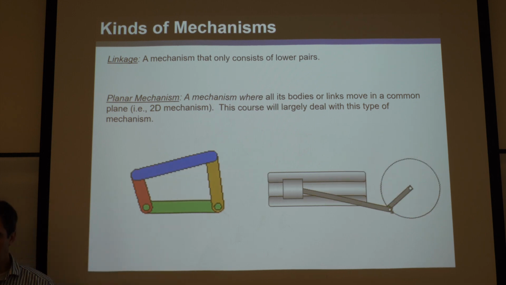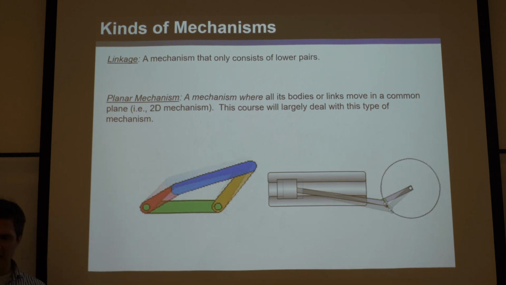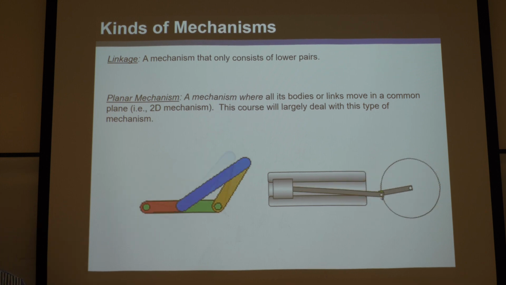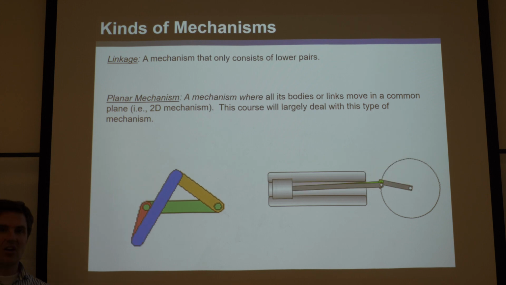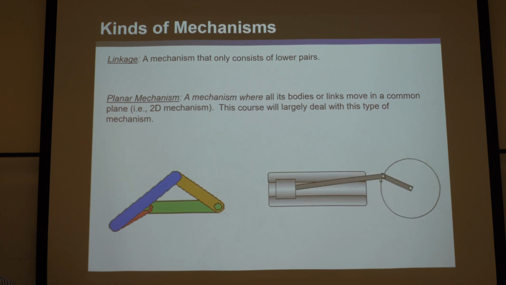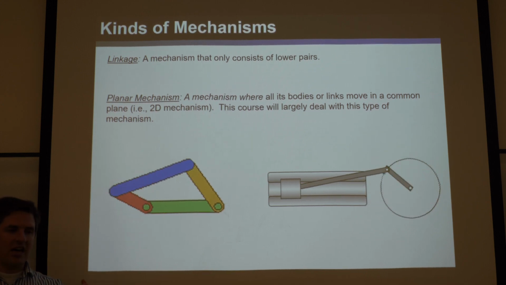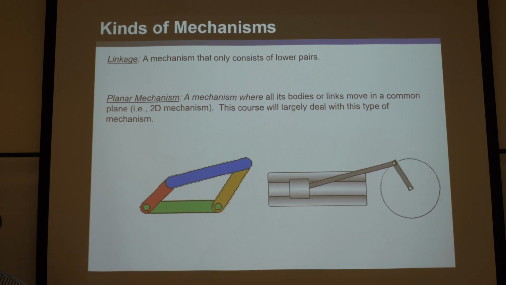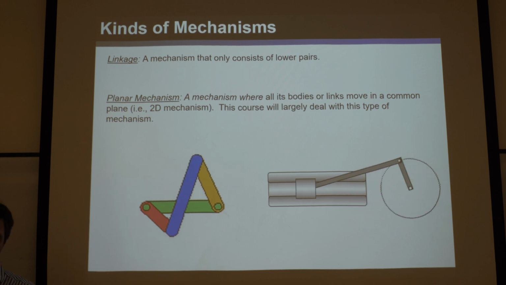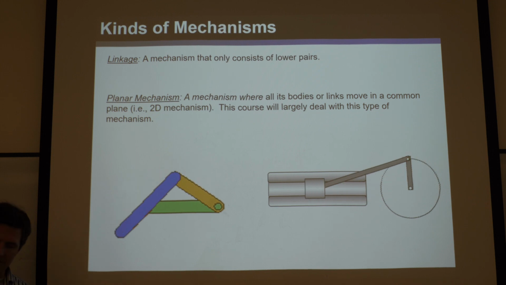And they all move in 2D. You'll see what's not a planar mechanism momentarily, but basically we're going to be looking largely at planar mechanisms in this course. And the extension to 3-dimensional mechanisms is very simple. So by teaching you this in 2 dimensions, it's easier to teach, but you'll easily extrapolate it for any mechanism in the real world, 3-dimensional as well.